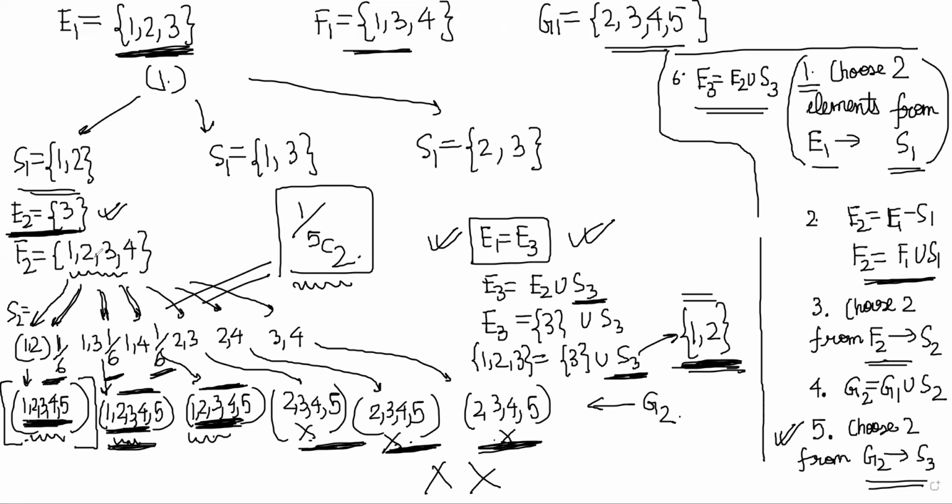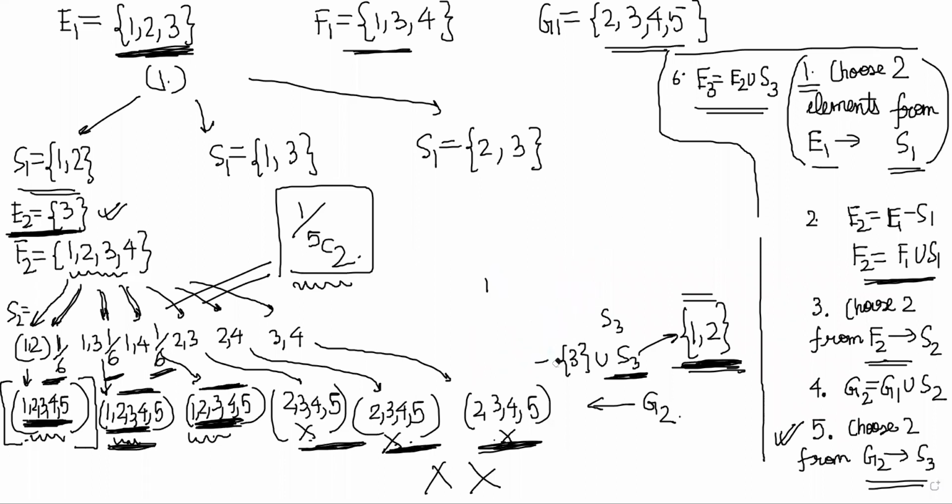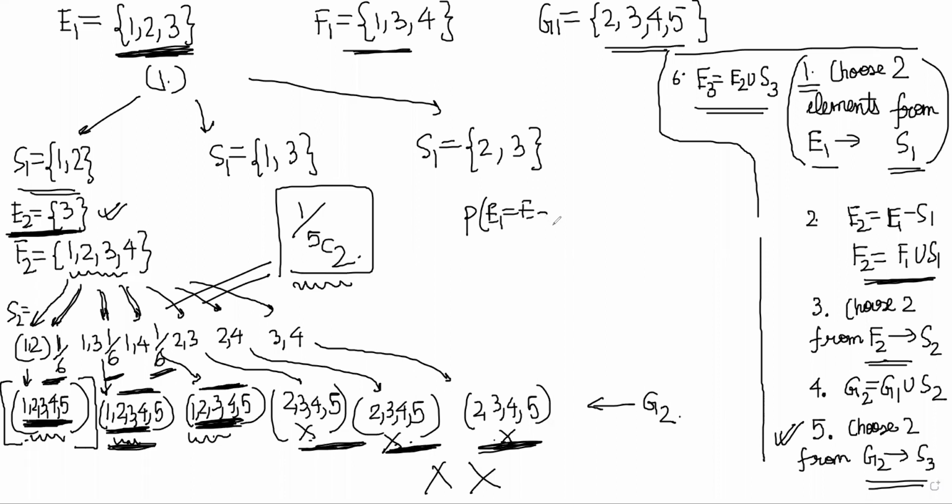So if you think about it, the probability of having E1 equal to E3 is going to be 1 by 6 into 1 by 5C2 here, 1 by 6 into 1 by 5C2 along this path, and along this path also same.